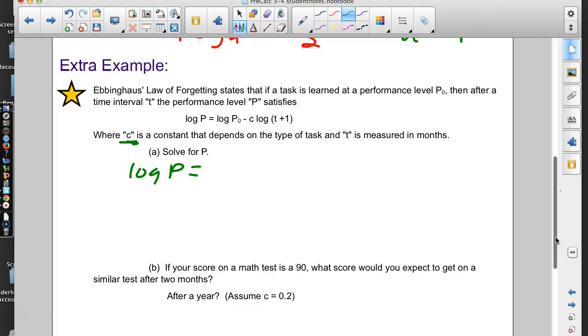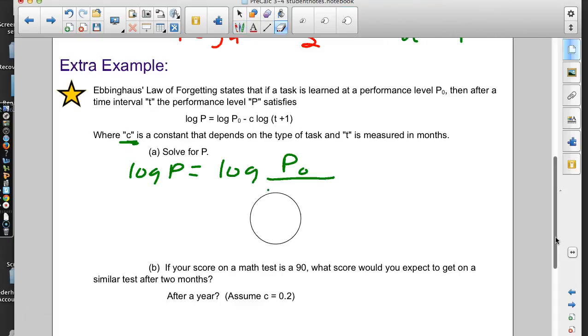And what did subtraction do? Divide. So it was log of P sub 0 over, and I don't need the other log, I just need the T plus 1 to the C. You see how they both have the same logarithm? So that's not what makes this equal. What makes it equal is that P has to equal P sub naught over T plus 1 to the C.